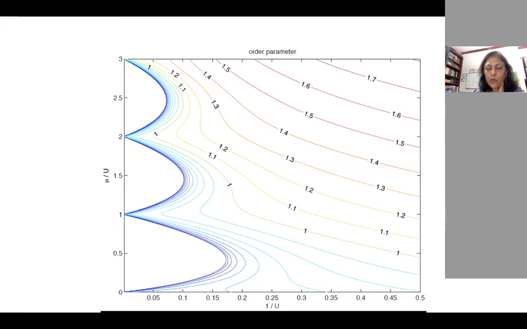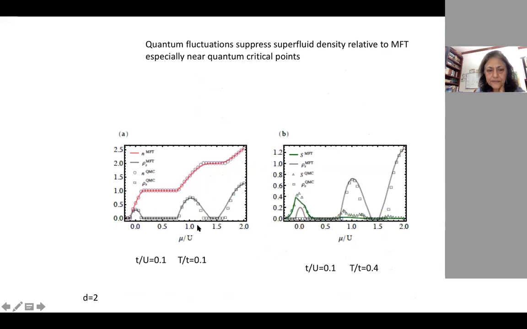When you have quantum fluctuations, in these gray plots at the bottom, the mean field results are the solid lines, and the squares are the quantum Monte Carlo results that include the fluctuations. You can see that the Mott regions expand. This is a picture of the superfluid density. So now you all know order parameters and superfluid density are different things. In Monte Carlo, we can calculate both of these separately.